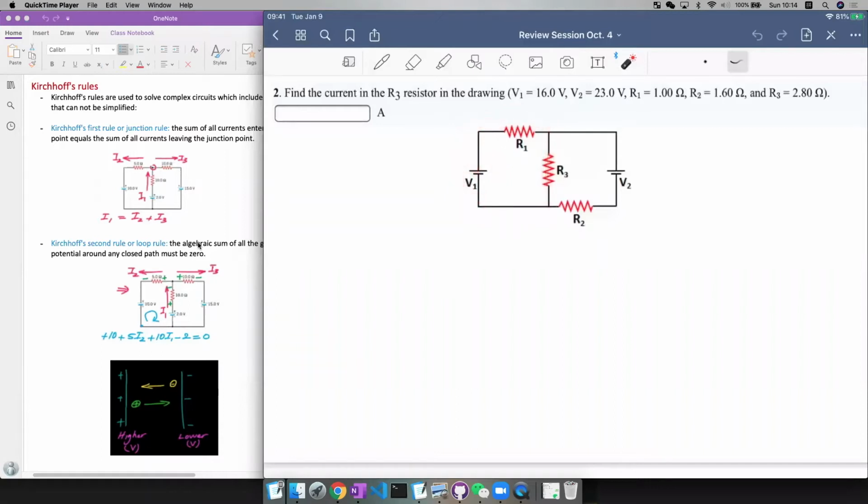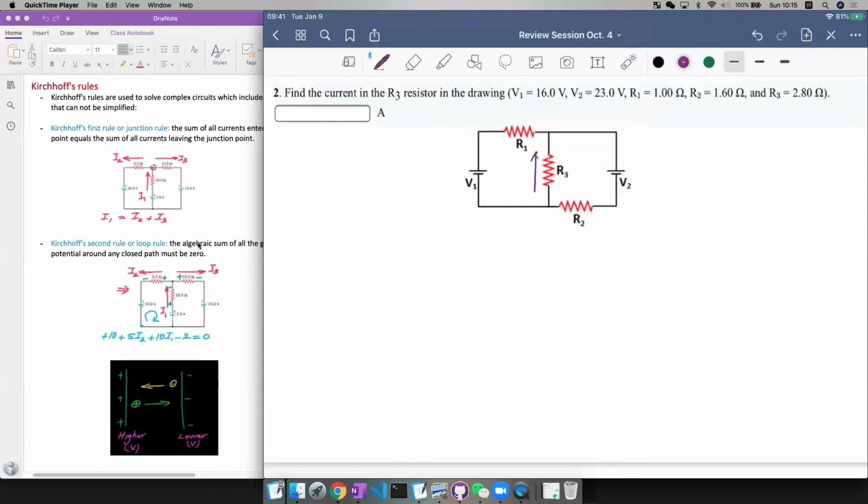But since we have 2, if we only look at this one, the direction is like this, but if we only look at this one, the direction is like this. So we cannot decide what the direction is. We need to take a guess where the current would go.